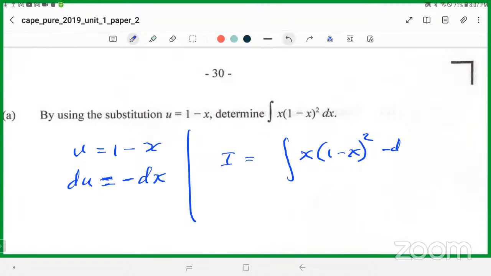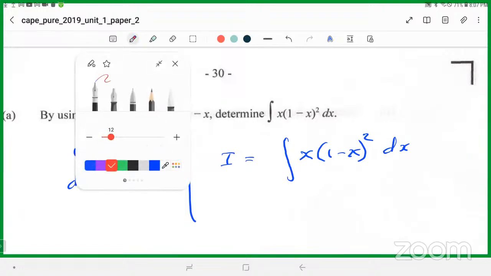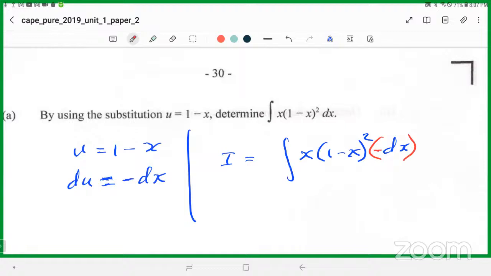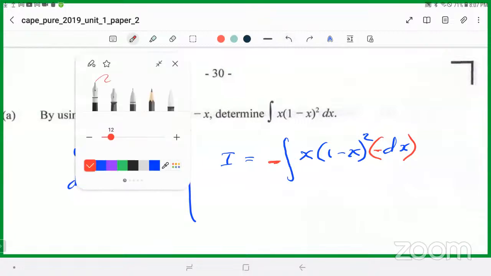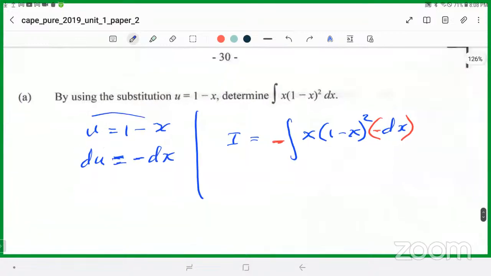I have the dx here. I can introduce a negative on it like that and cancel it out with a negative out here. Then this x will have to be substituted for, because we won't be able to eliminate it. From this equation, you see that x is also equal to 1 minus u.